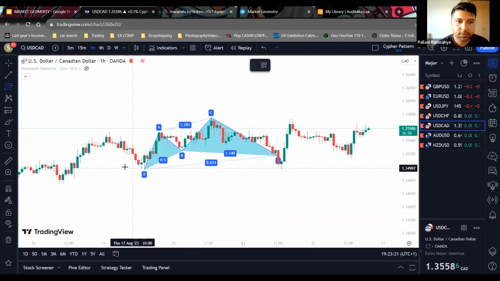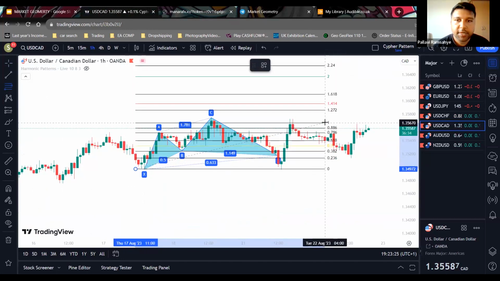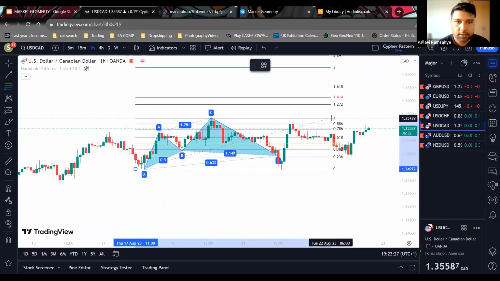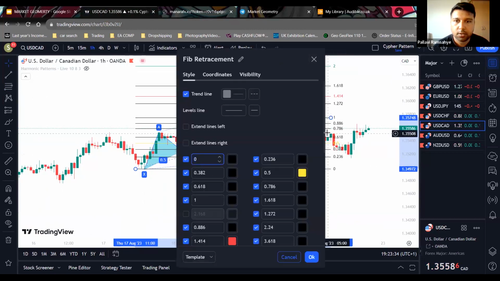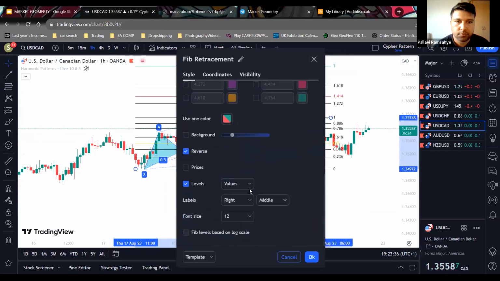I always like to delete the tool because it just makes it a bit easier to understand. And with the settings on this one, I will need to untick the reverse pattern.